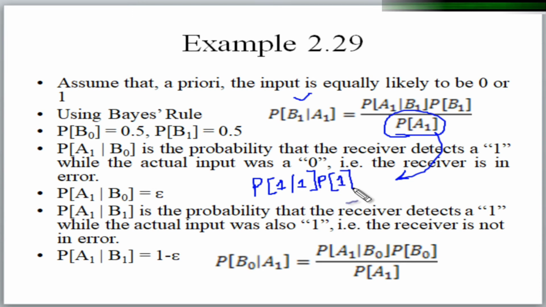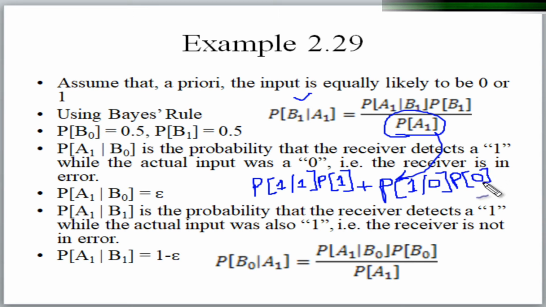Plus, as this is the joint probability, we have to consider all the cases. So here the probability of 1, the unknown probability, will always be this 1. Getting 1 given that we sent 0, and the probability of 0 as well.